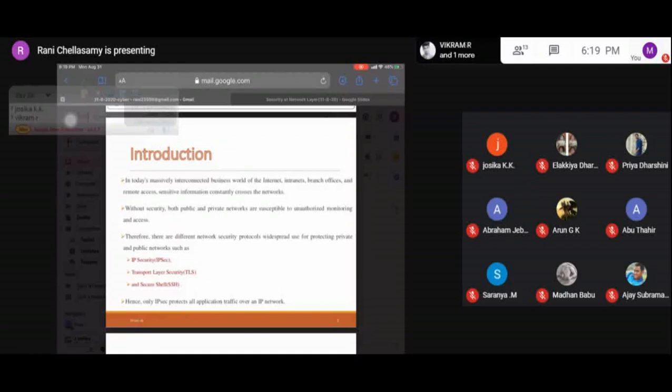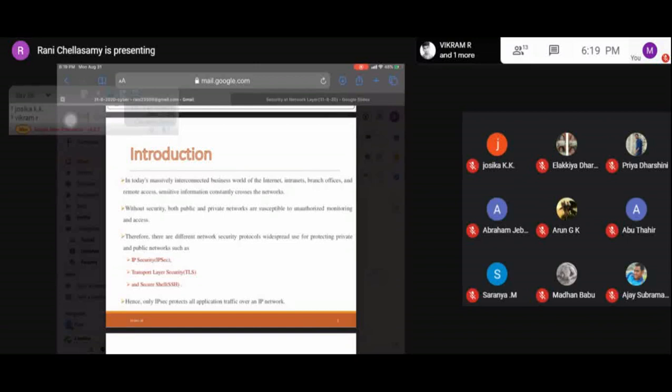For that purpose, at each and every layer in the TCP/IP suite model, there are some security protocols maintained that should be used for providing security. So far we have seen the security protocols that can be used at the application layer, Kerberos and PGP. Likewise, at the transport layer, we can see the SSL protocol, TLS protocol and SSH.